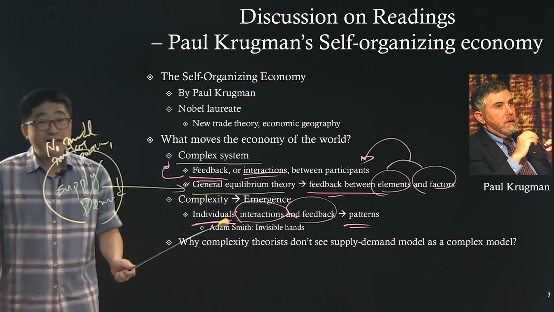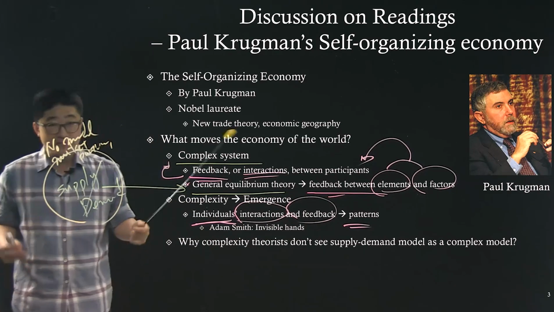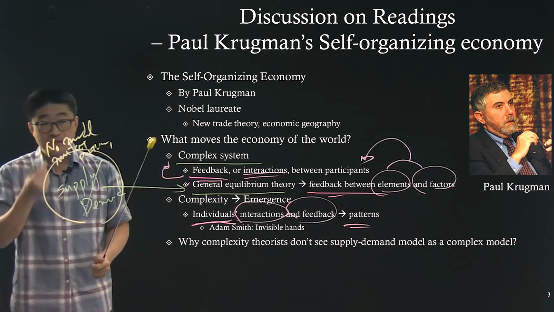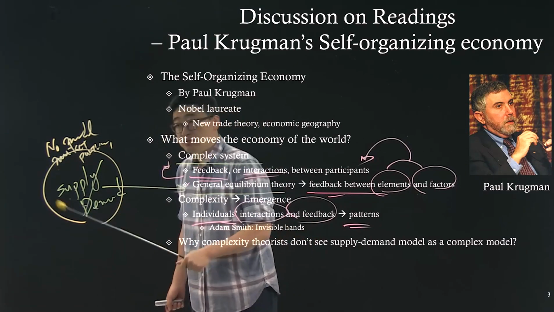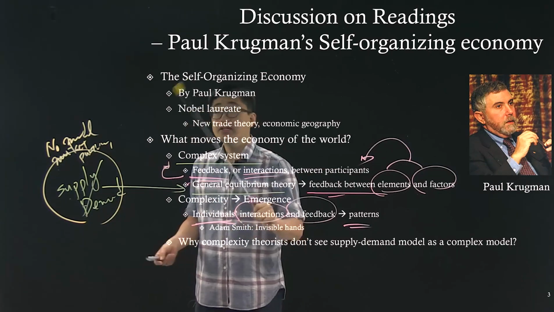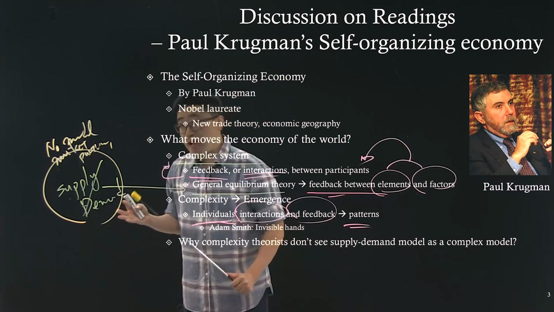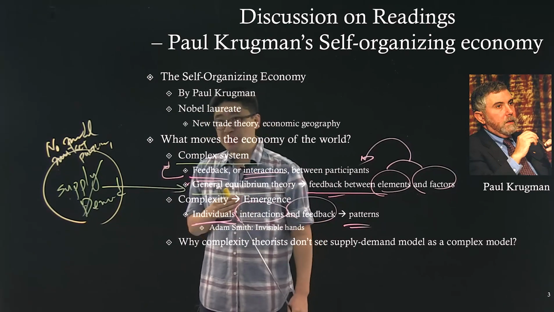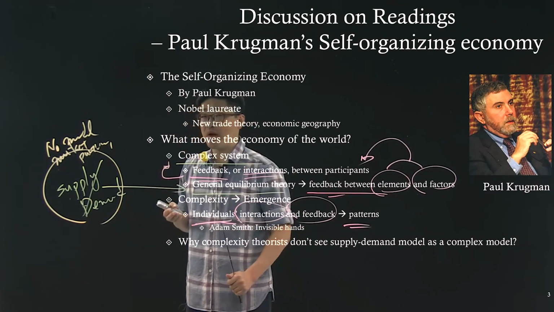Then, why don't complexity theorists, and I think Paul Krugman could be one of the good complexity theorists, see the supply-demand model as a complex model? Because we cannot see through the interactions between the entities in this supply-demand curve model. All participating entities are reduced and abstracted into just one demand unit or one supply unit, and their interactions are simplified in a homogeneous way.